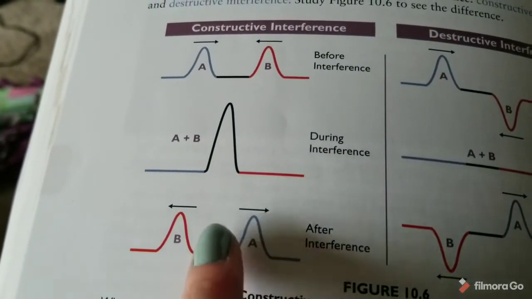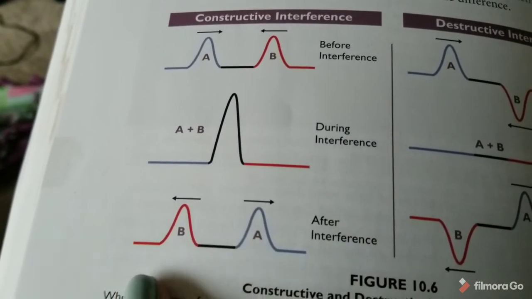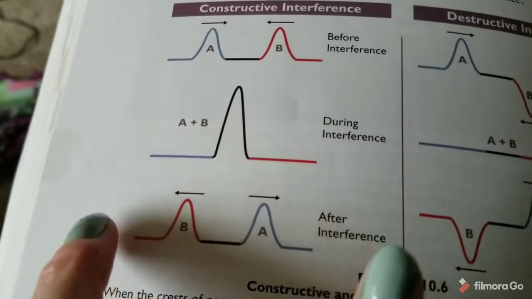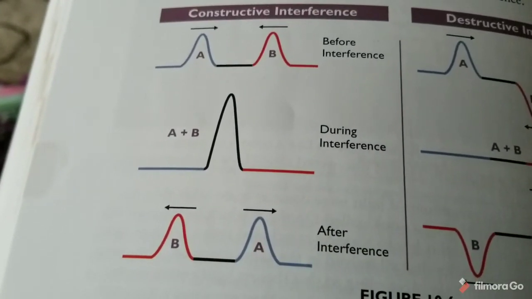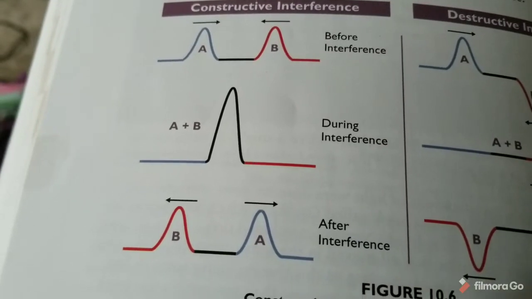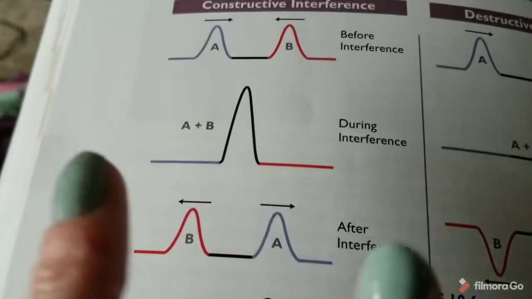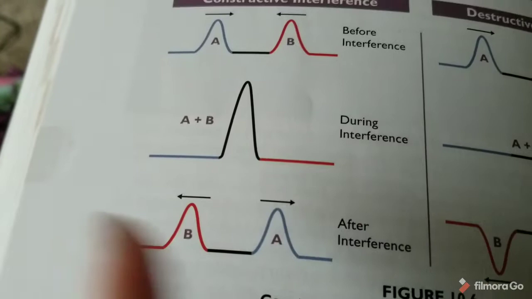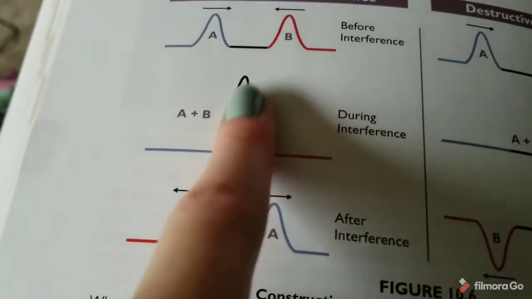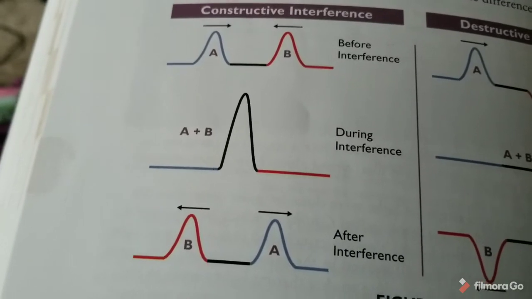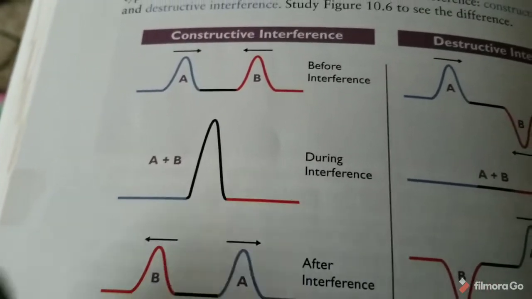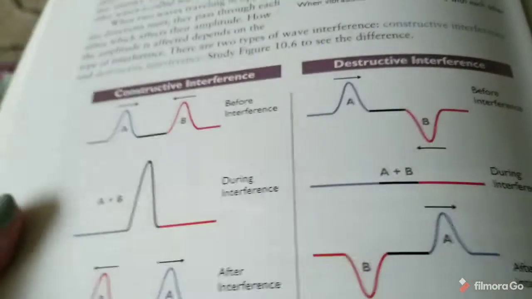And then afterwards, they bounce back and swap places, whoosh, and they go the other direction. Well, they keep going, actually. They don't bounce back. They just keep going right through each other, with a giant wave in between. So that is constructive interference, which happens at certain types of timings.